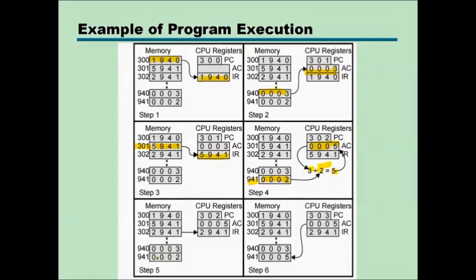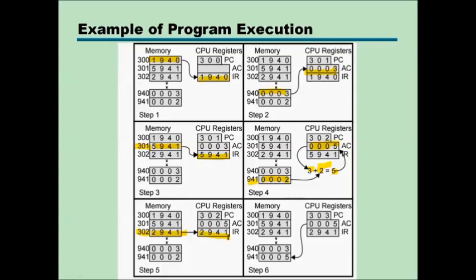Okay, next. I have here the third one. So we're done with the 301 memory. Moving on to the next one, which is 302. We have this one from the memory, which is 2941. We're going to pass that into IR. So the new value stored in the CPU register is the 2941.